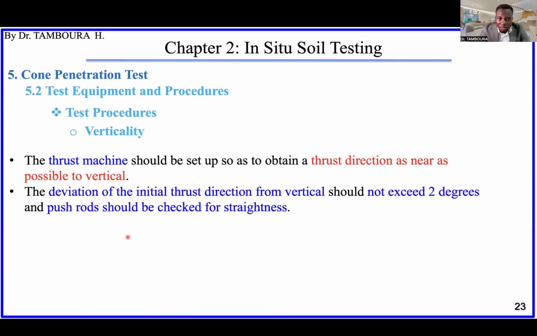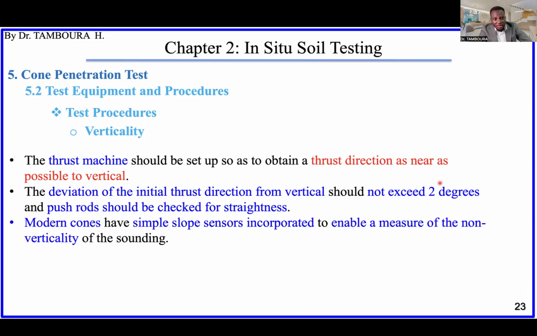Okay. The deviation of the initial pushing direction from the vertical should not exceed 2 degrees. 2 degrees maximum. So we should check the straightness of the pushing rod to confirm that the 2 degrees is not exceeded.